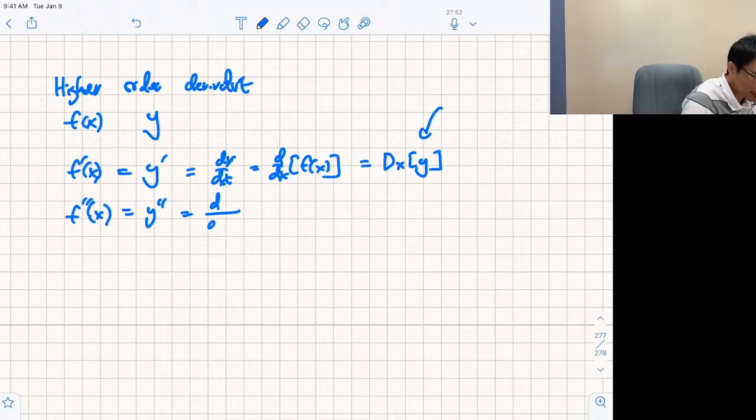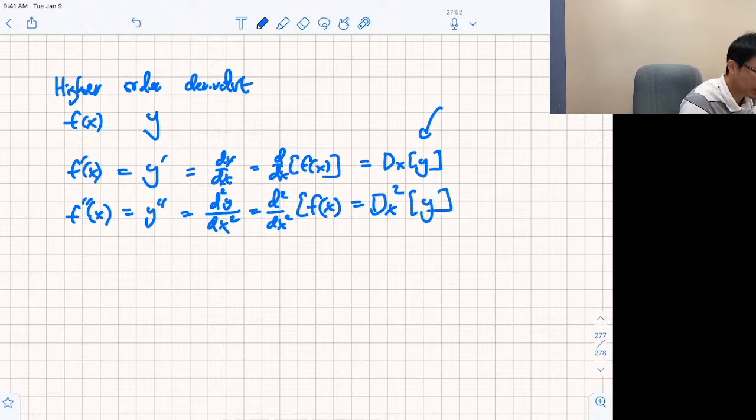And if I do a second derivative here, it's going to be d2y dx2, or equal to d squared dx squared of f of x, or equal to dx to the 2 of y. Something like that. So that's the second derivative. In physics, you also deal with the third derivative. Sometimes people talk about a jerk.